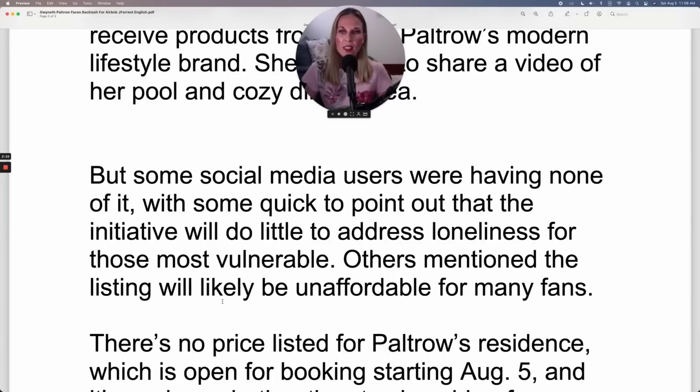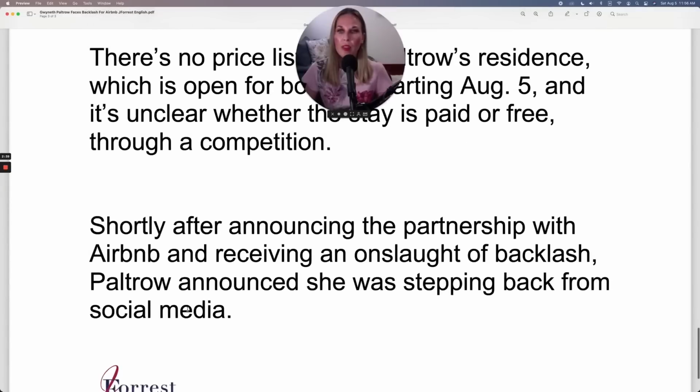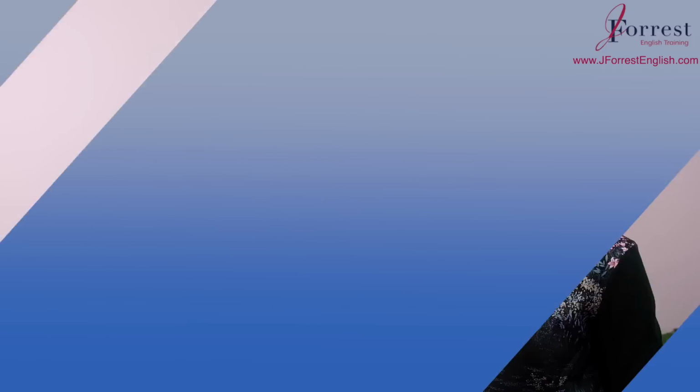Others mentioned the listing will likely be unaffordable for many fans. There's no price listed for Paltrow's residence, which is open for booking starting August 5th and is unclear whether the stay is paid or free through a competition. Shortly after announcing the partnership with Airbnb and receiving an onslaught of backlash, Paltrow announced she was stepping back from social media.